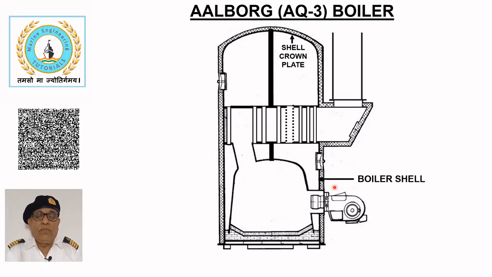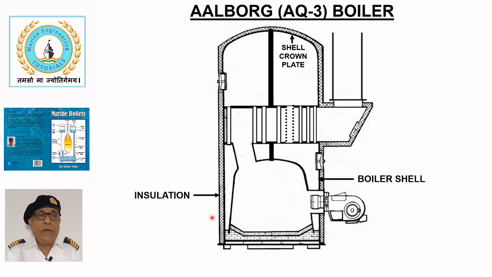The boiler consists of a cylindrical shell with a dish-shaped crown plate. The shell is covered by insulation to prevent heat loss.